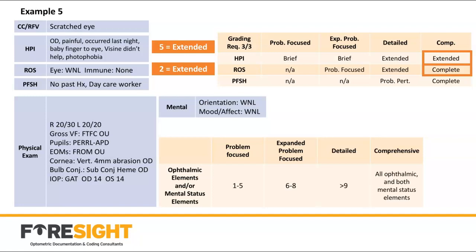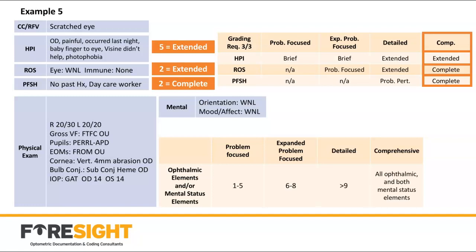And then the past family social history, we asked about a past ocular or past medical history, and then also we got the social history that they're a daycare worker. So with an extended HPI, an extended ROS, and a complete past family social history, we're going to be at a complete history.